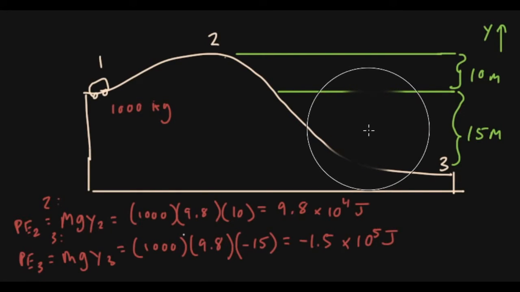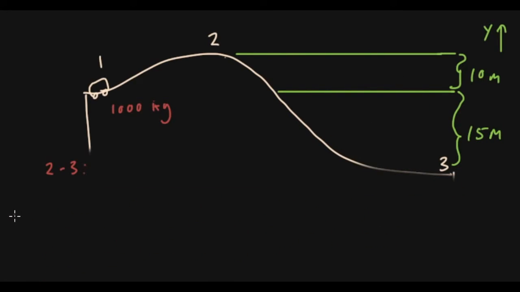Okay. What is the change in potential energy when the car goes from point 2 to point 3? Well, simply we take PE3 minus PE2. That is the change in potential energy, okay? So you can think of it as being change in potential energy, and maybe we write it like this. So we already solved these.